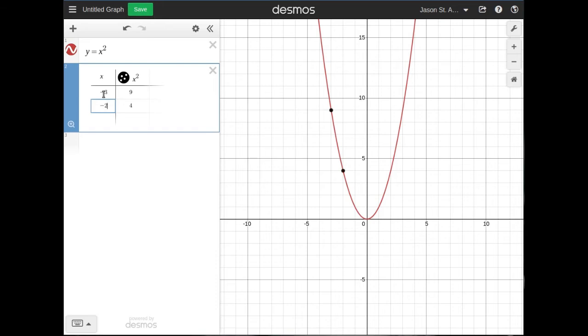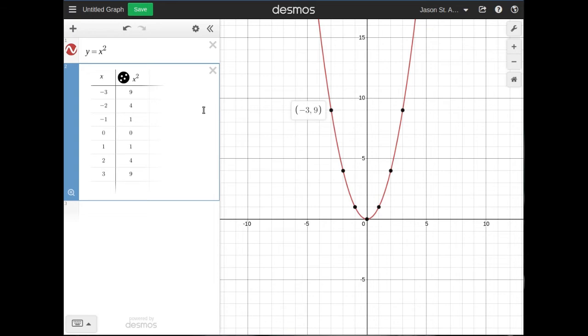And then Desmos understands that we have a pattern to follow. We start from -3 and we're adding 1 to each one of our x's. And you'll see when you hit enter for each one of the points afterwards, you get all of the values. And you'll notice that all of those points are now showing up on our graph for y = x². So this is x, and this second column represents the y value that is represented here.